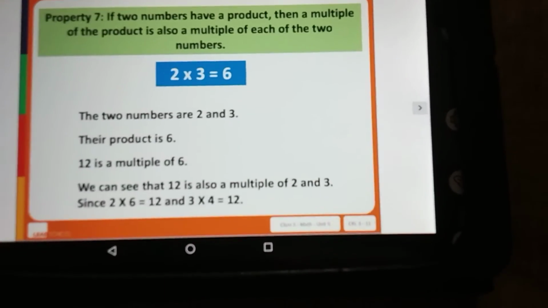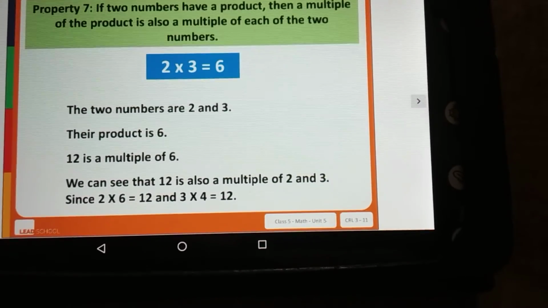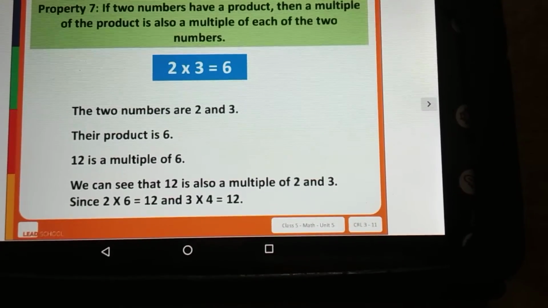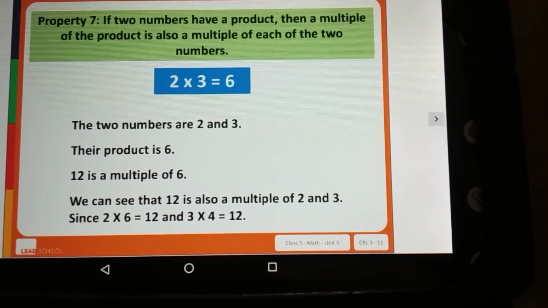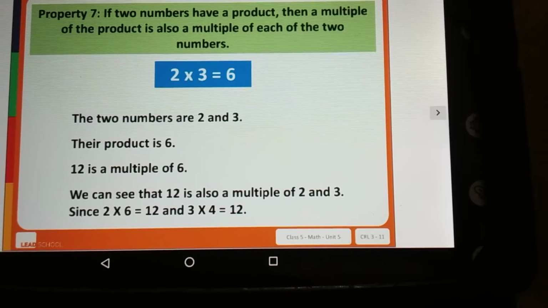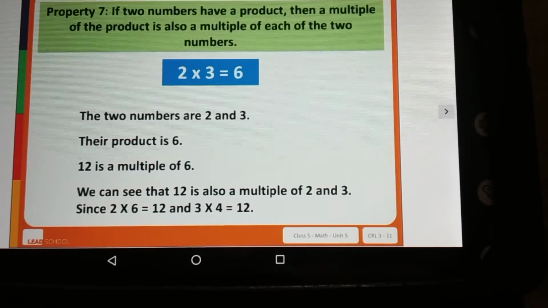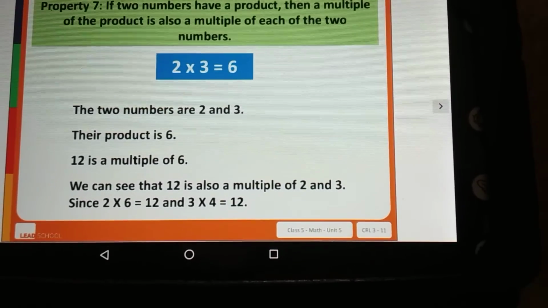Seventh one, property number 7: if two numbers have a product, then a multiple of the product is also a multiple of each of the two numbers. 2 3s are 6.